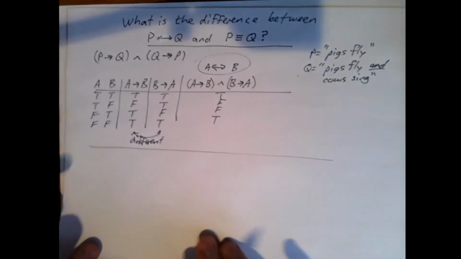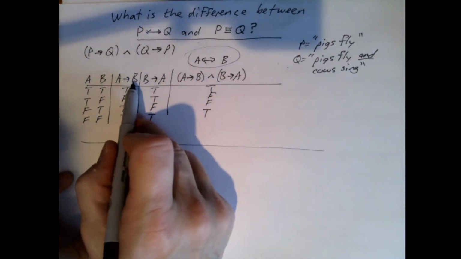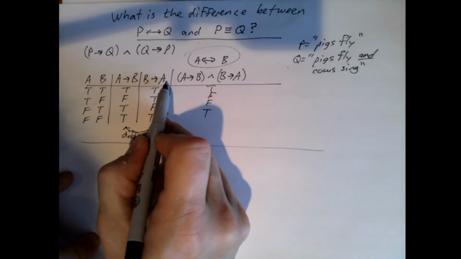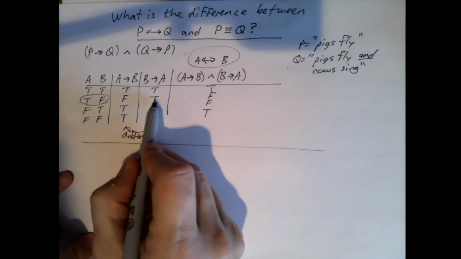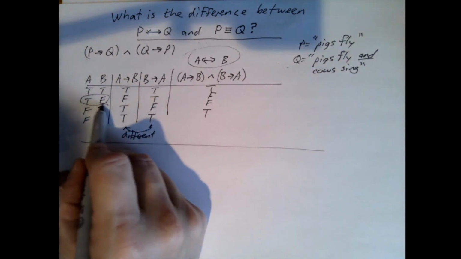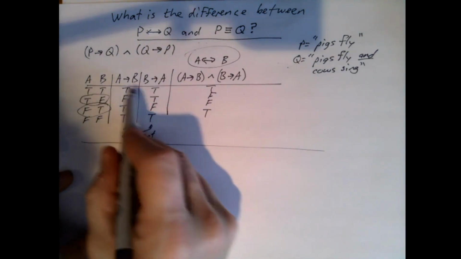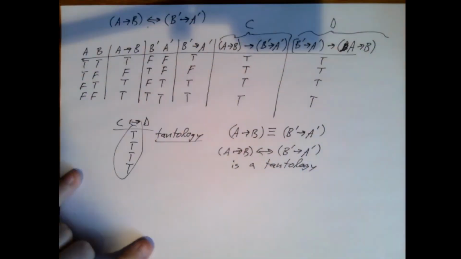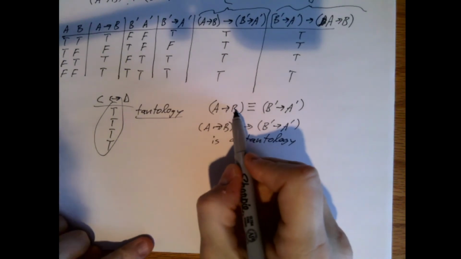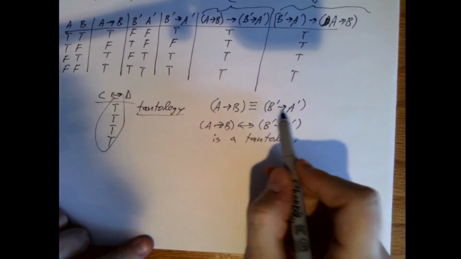Because once again, back here, if I were to try to replace A implies B with B implies A, well, when we look at this, we get two different answers. So they're not equivalent. And also when we look at here, we get two different answers. So they're not equivalent. So I would never want to take this and just call it this. But there's times when having this, it might be preferential to write this or vice versa, because they're equivalent.